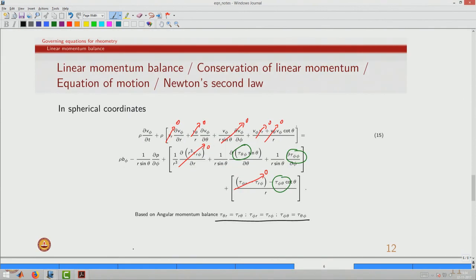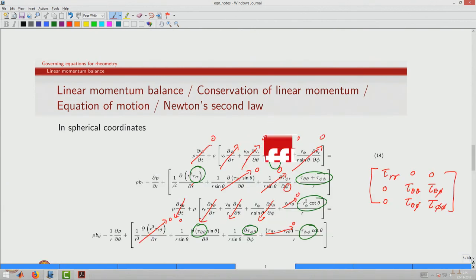So, we can again set various other terms to 0 which are associated with the pressure and body force terms.